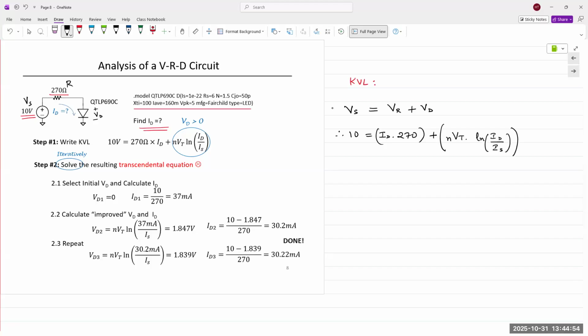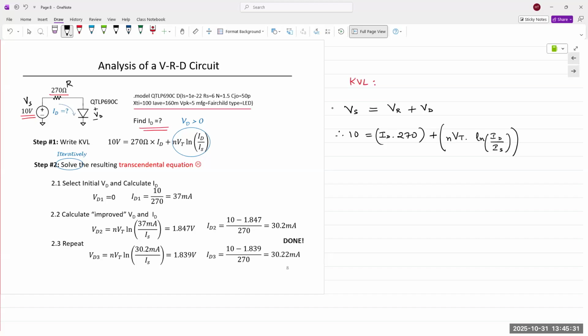These kinds of equations are known as transcendental equations because they involve log, exponents, those kinds of functions. One downside of these equations is that there is no closed form solution. We cannot simply plug in the values and expect a single value answer. It's just not possible. So the way to solve these is by a process known as iterative analysis. We do multiple iterations.